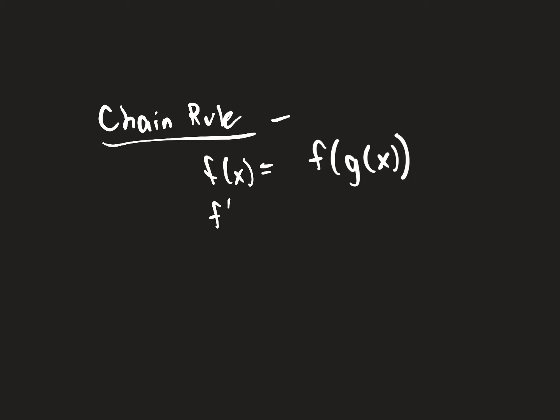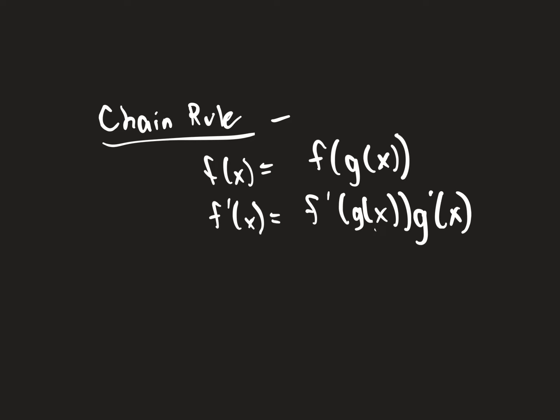And then they write this general formula, f prime of x equals, oh gosh, what is it? f prime of g of x, that's g of x. And then I have to look this up. g prime of x. Okay. That's the general formula. Is that helpful? Anybody find that helpful? Without context.